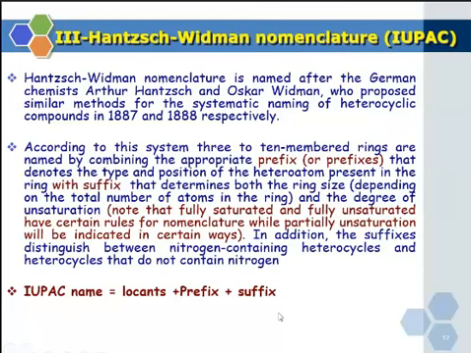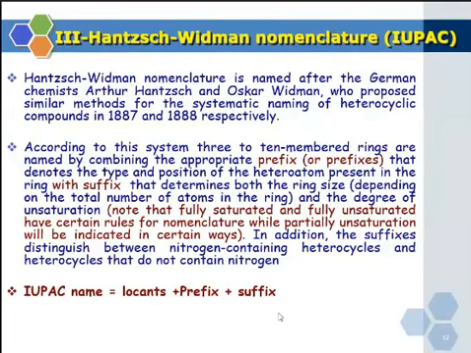The last method is the IUPAC method, or it is also called the Hantzsch-Widman nomenclature method. This method was named after the German chemists Arthur Hantzsch and Oscar Widman, who proposed similar methods for the systematic naming of heterocyclic compounds in the years 1887 and 1888 respectively.